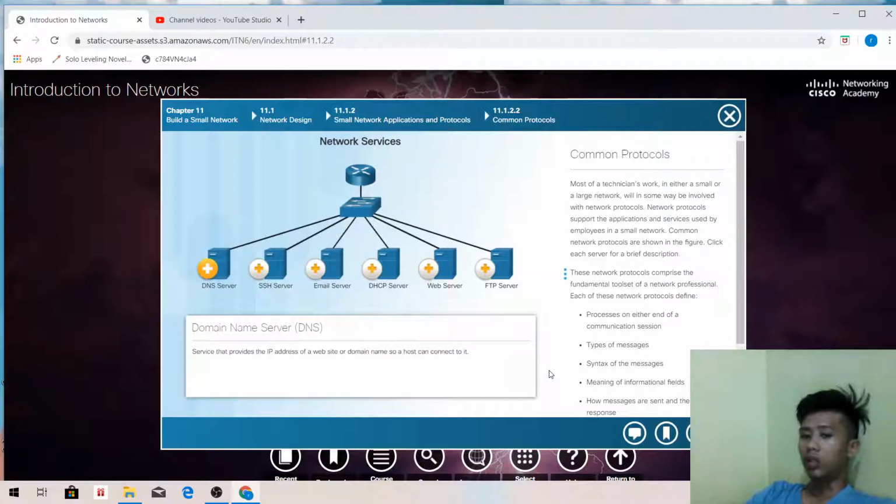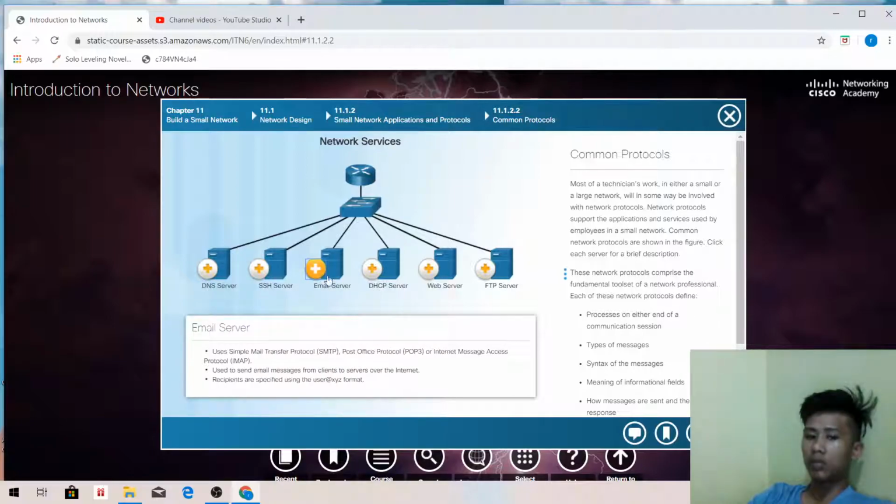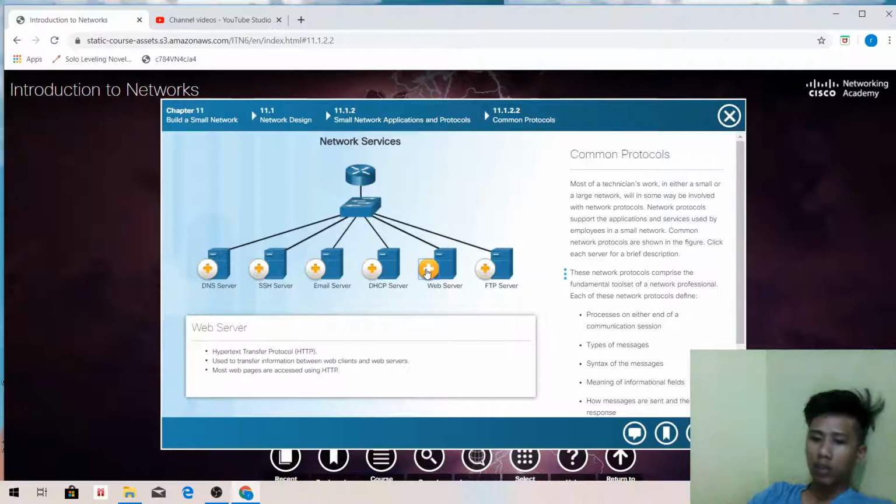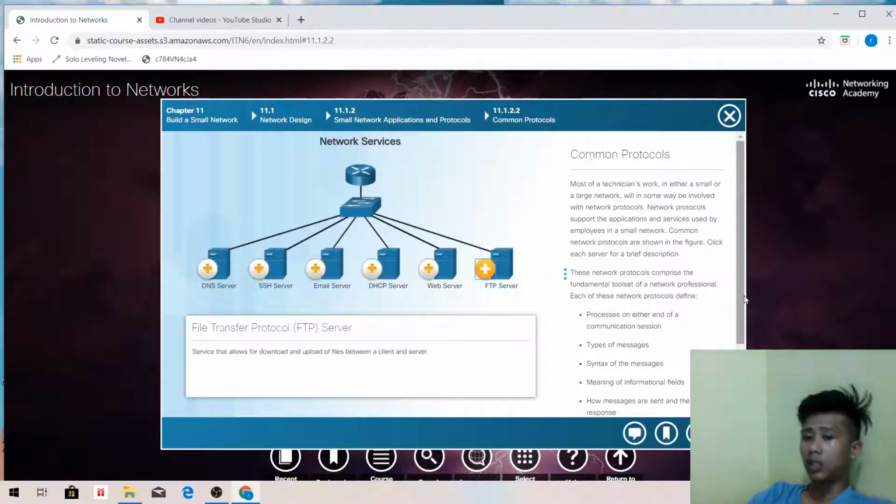Common protocols used are DNS or domain name servers, SSH servers, email servers, DHCP servers, web servers, and FTP servers. Most technicians who work in either a small or large network are involved with network protocols. Network protocols support the applications and services used by the employees in a small network.